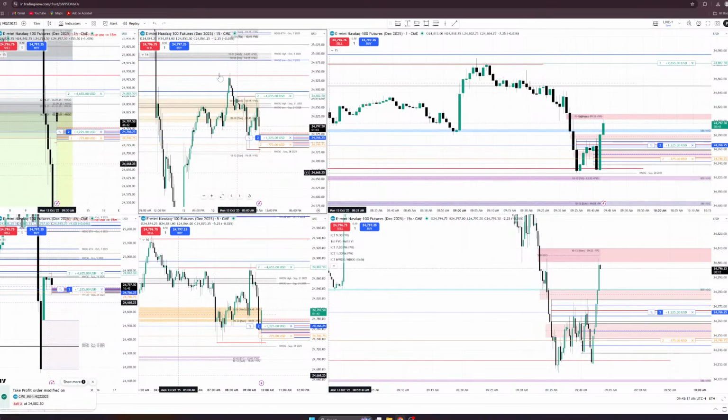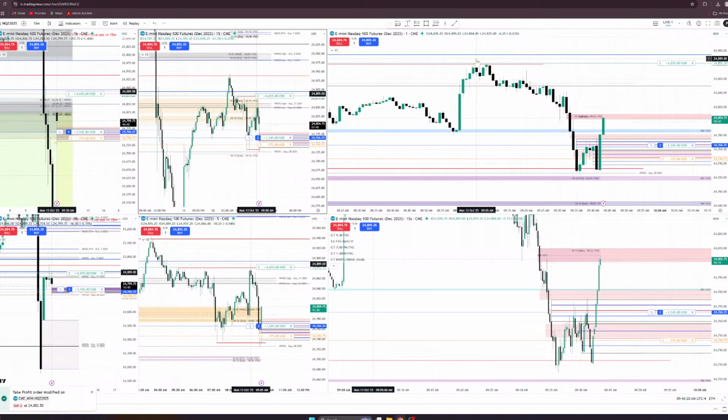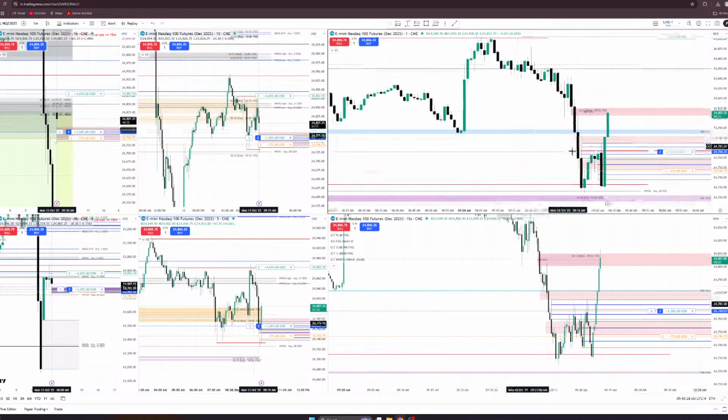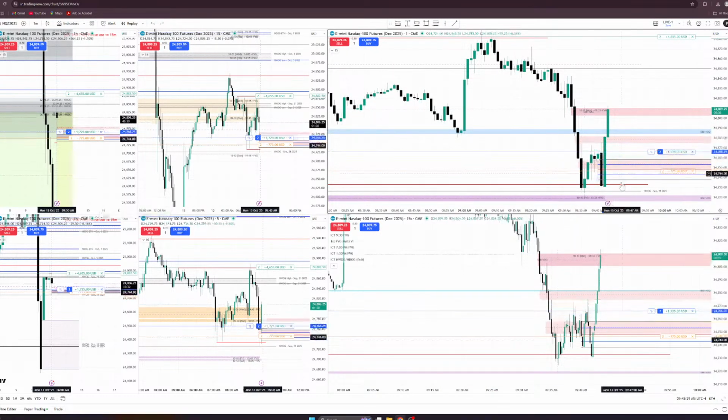So my target would be today's high because this is the London opening session liquidity. So my target would be this. So I'll remove all this VIX, which is creating a lot of confusion.